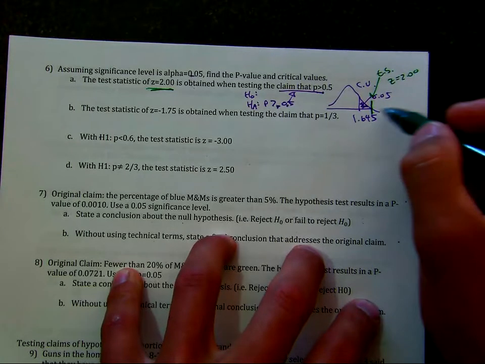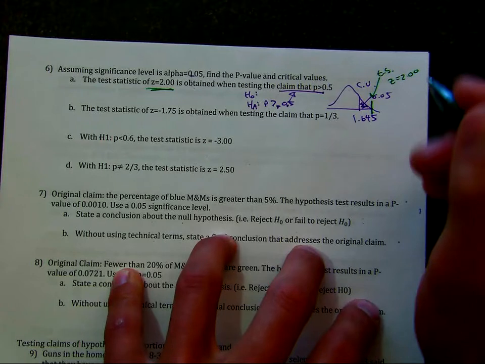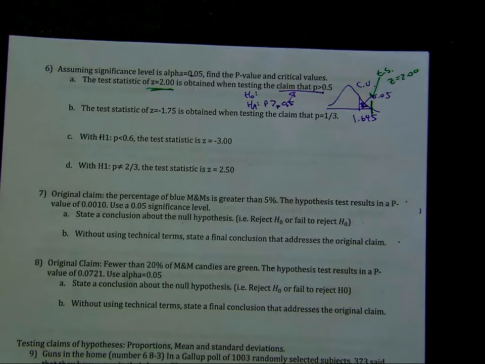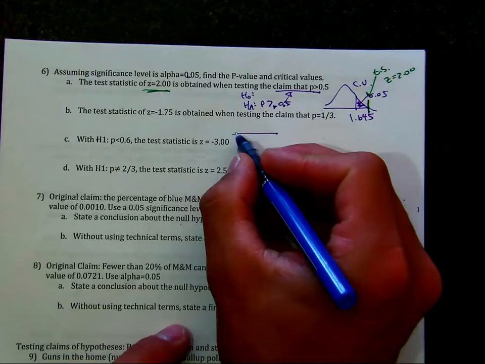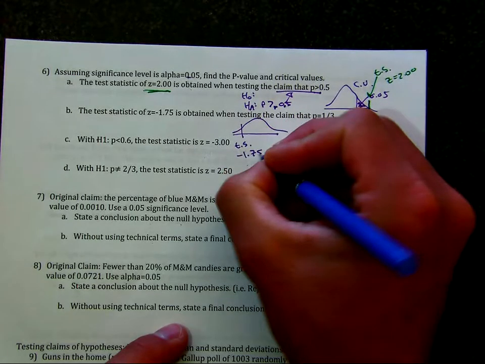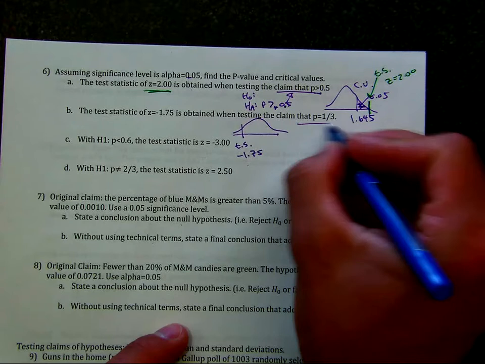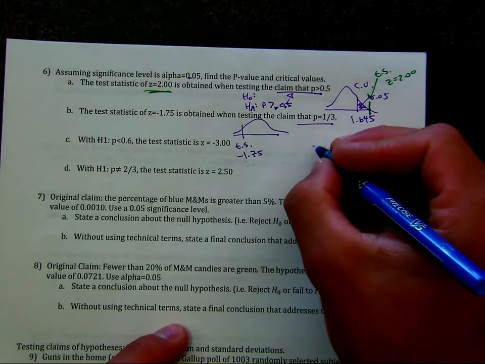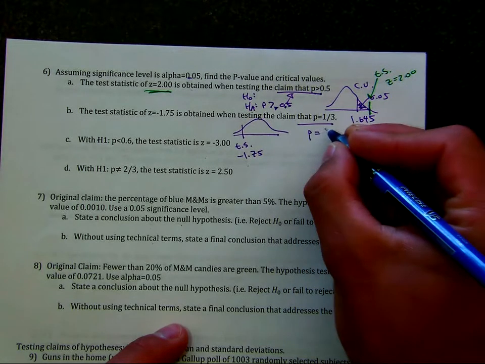All right, let's go through the next couple. The test statistic is negative 1.75, obtained when testing the claim that p is equal to this. So we're going to have p equals 1/3, and p does not equal 1/3, right?